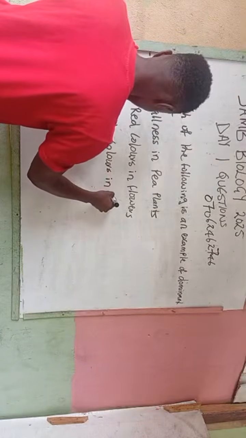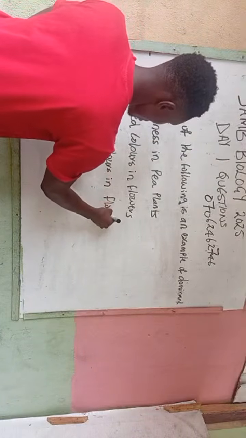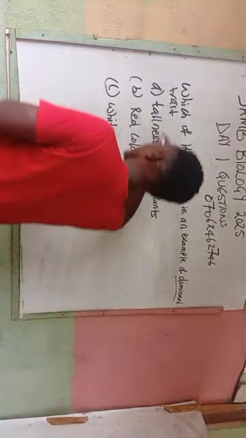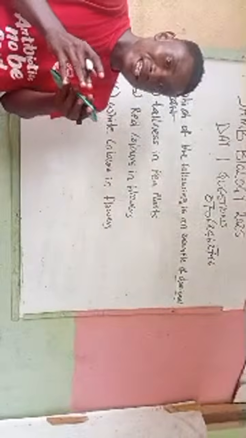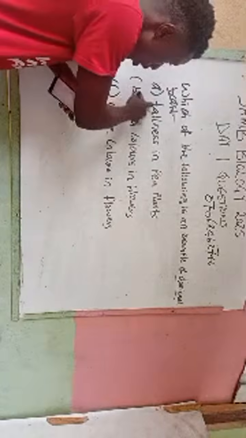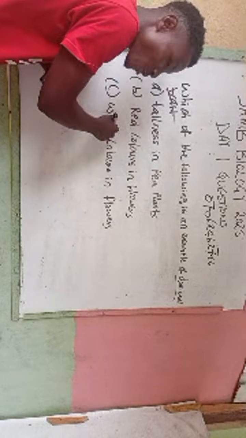So what is a dominant trait? We have the word dominant trait, and we also have the word recessive trait, right? The dominant trait covers the recessive trait. You get to understand. So tallness in pea plants, red colors in flowers, white colors in flowers.